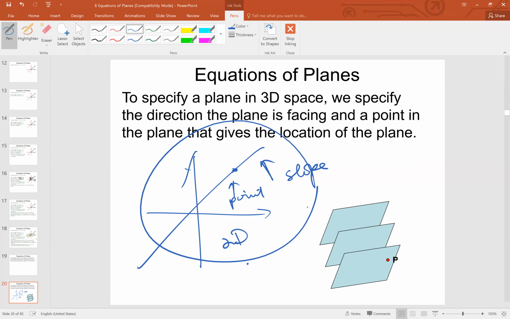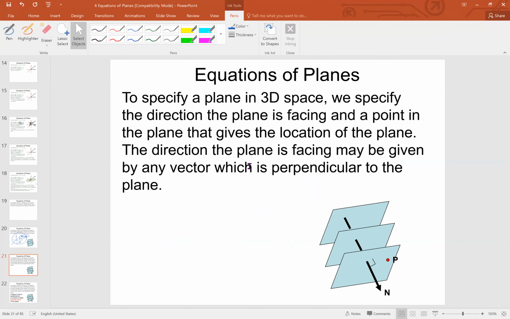We're going to do something very similar in 3D, but instead of the slope, we're going to use the normal, the perpendicular direction, which in this case is going to be a vector. To specify a plane, all I have to specify is the vector perpendicular to the plane.